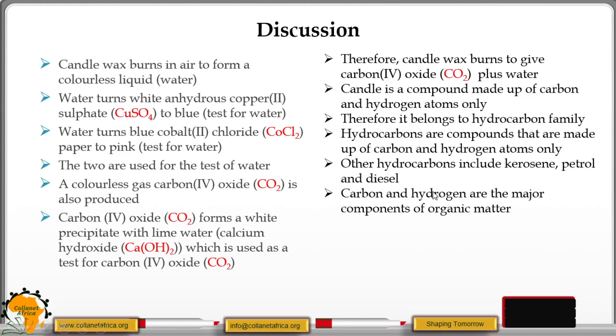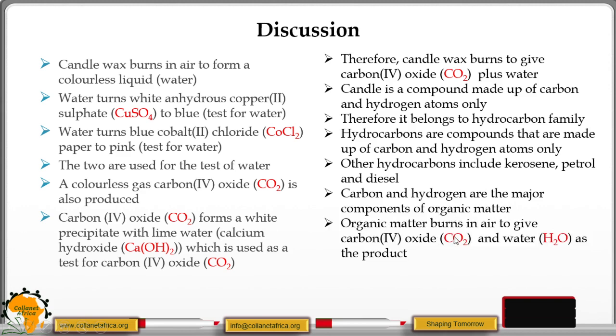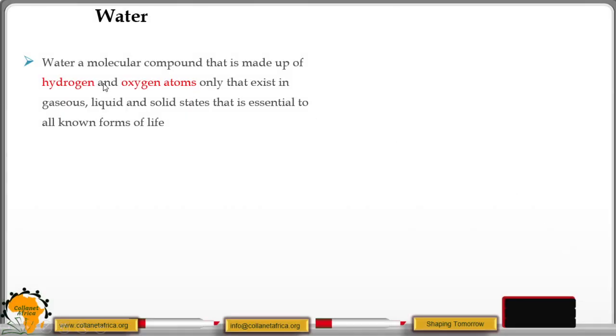Carbon and hydrogen are the major components of organic matter. Organic matter burns in air to give carbon 4 oxide and water as the product. Water is a molecular compound that is made up of hydrogen and oxygen atoms only, that exists in gaseous, liquid, and solid state.